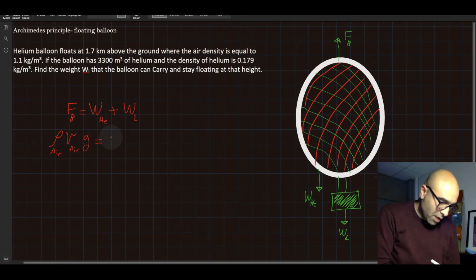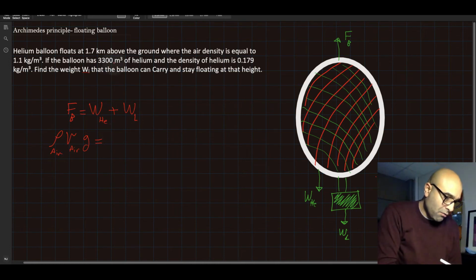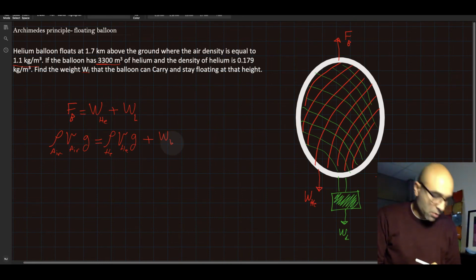Now the weight of the helium will be what? Mass of the helium times gravity, but we don't have the mass of the helium. We have the volume and the density, so we use the density of helium times the volume of helium times g, plus W sub L, which is what we're looking for, the load that the balloon can carry.